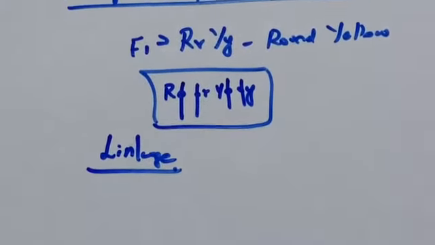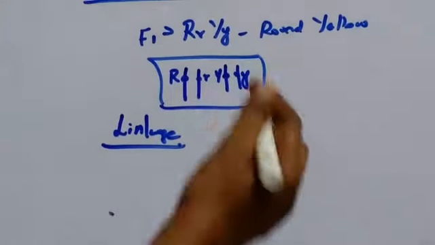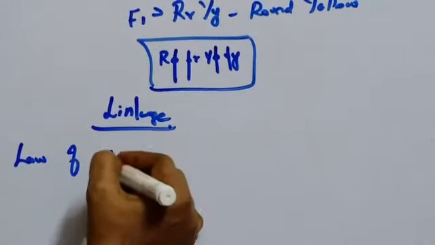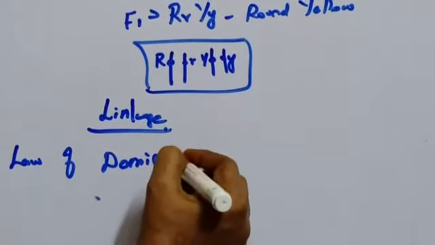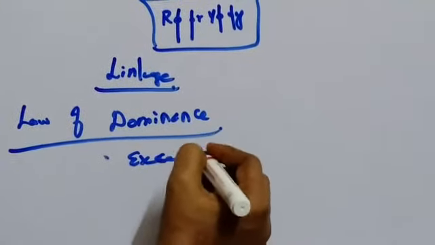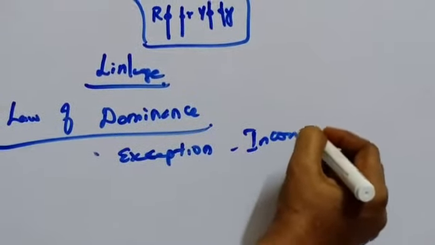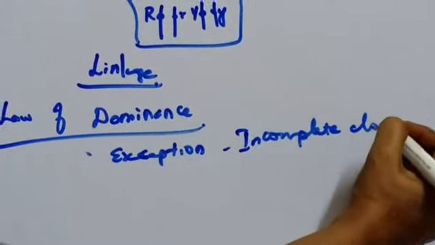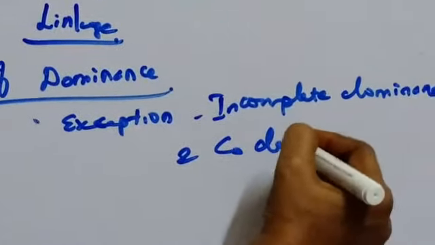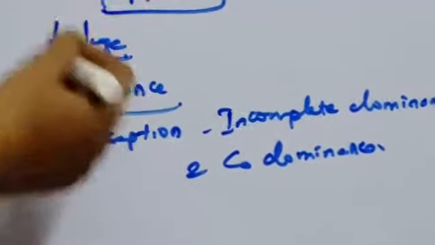Same like that in law of dominance also. The exception is incomplete dominance and also codominance. Law of independent assortment has exception to which one? Linkage.